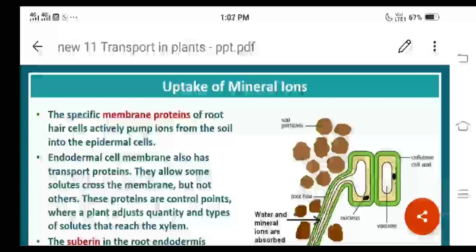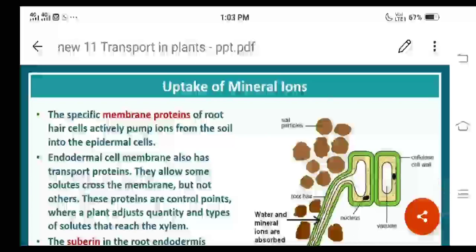These transport proteins act as control points, just like checkpoints, where a plant adjusts the quantity and the types of solutes that reach the xylem.